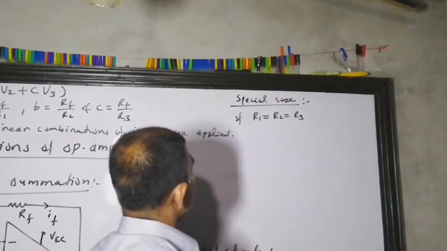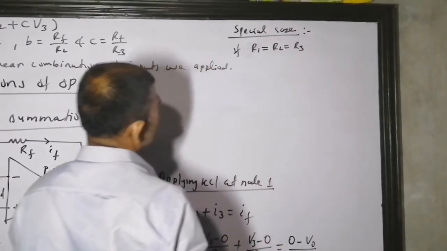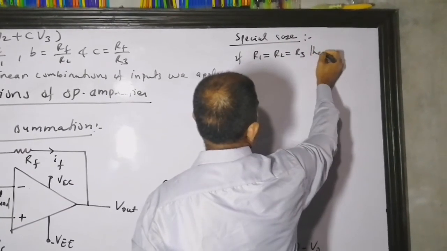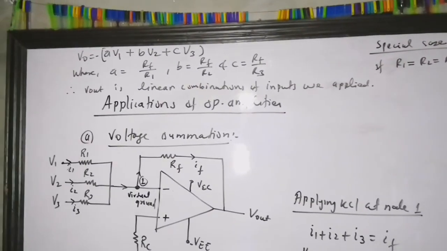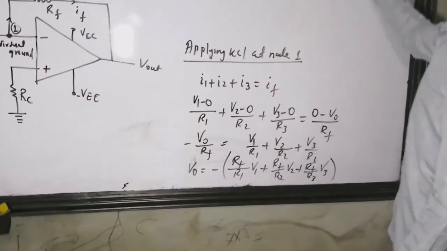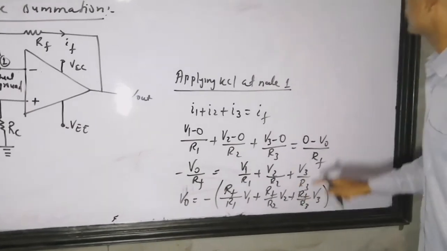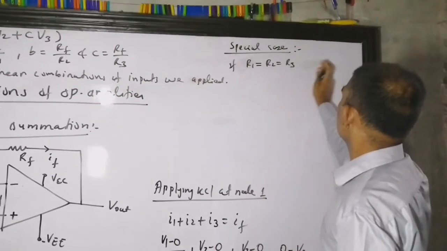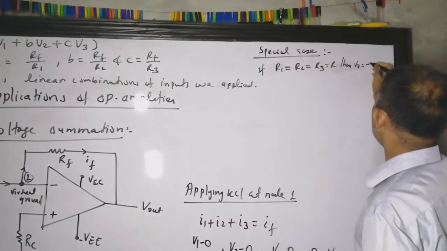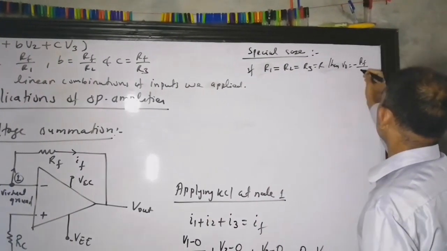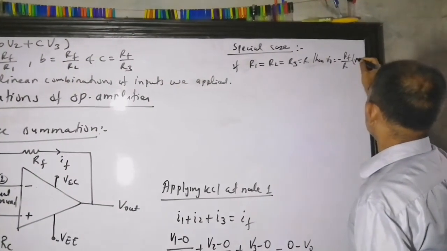If I take this case where the three resistances R1, R2 and R3 are equal, then what do we get? All the terms become equal, and so Vout will be equal to RF by R1, RF by R1, RF by R1, and if I suppose this equals R, then we get Vout equals minus RF by R times the sum of the voltages.